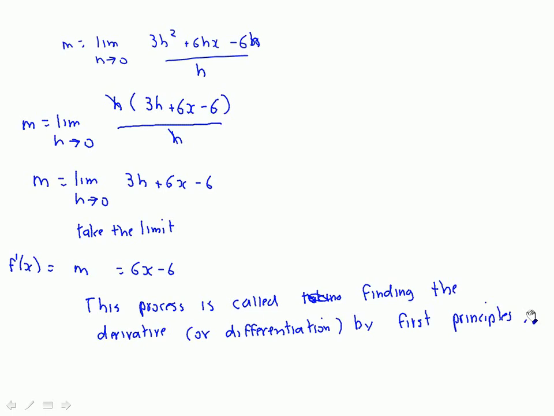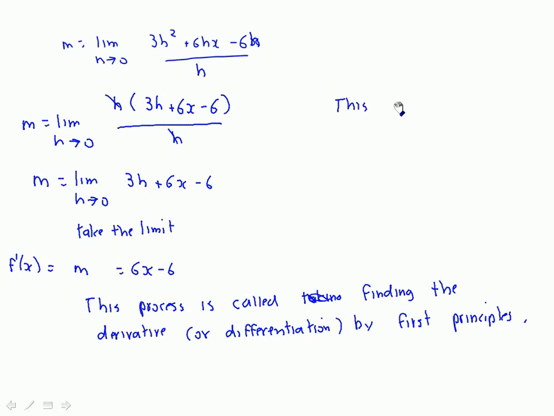Don't worry too much about the notation yet. That is all getting taken care of in the next few days, but that's for your information. So this 6x minus 6, which we call the derivative, is a formula that we use to determine the slope at any point along the way.